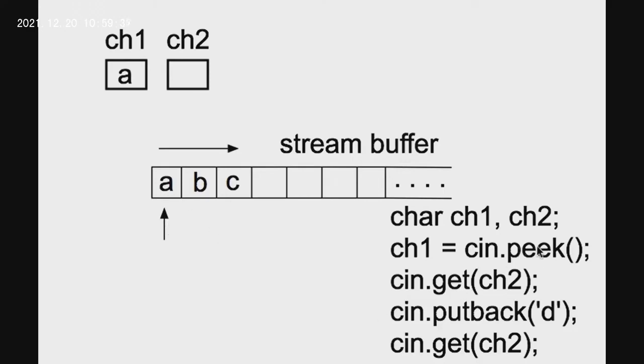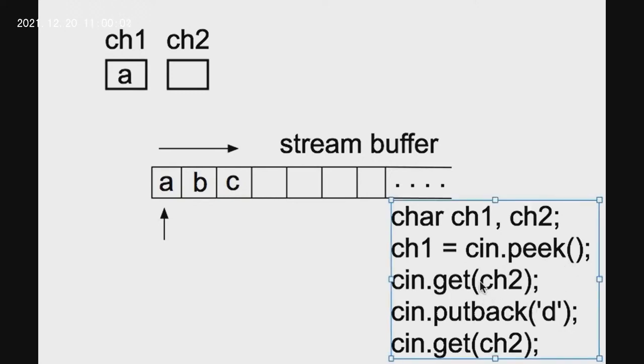Okay, so with peek, we are still going to read the memory from the buffer. So the A went from the buffer up to ch1, but then the pointer stayed at A. So A was not removed from the buffer, and it will be the next thing to be read. Incidentally, notice that cin.peek uses a different style. With get, we have the character to be read inside of the parentheses right there.